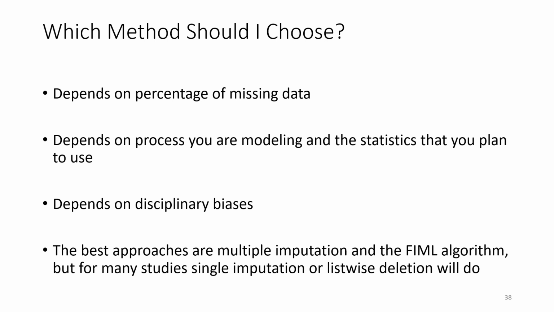If you have larger percentages of data, that's where single imputation and multiple imputation are useful. And if you're doing structural equation modeling or multi-level modeling, there may be no need to actually create the data sets.